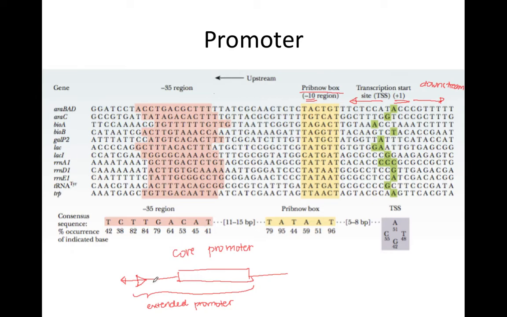So, sa extended promoter mo, important siya because it will enhance transcription. Pero, kapag wala ito sila at core promoter lang meron, transcription will still occur. Pero, kapag walang core promoter, walang transcription at all.